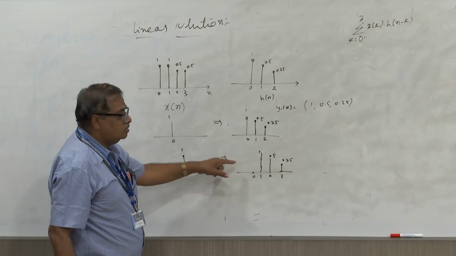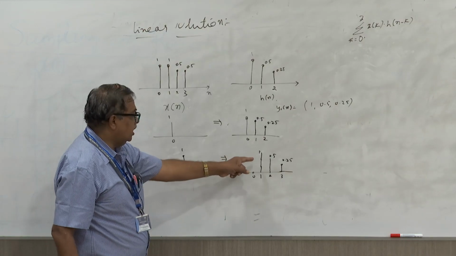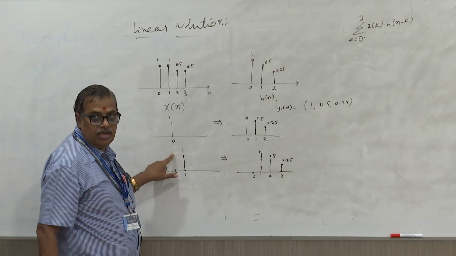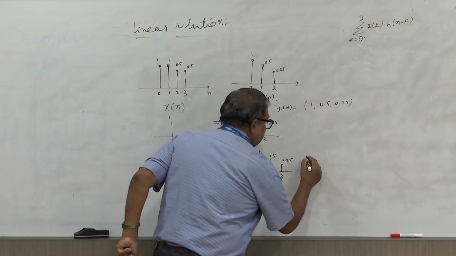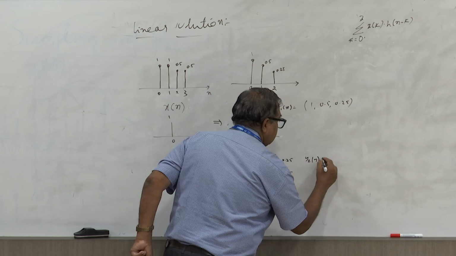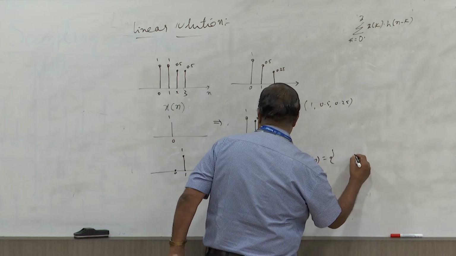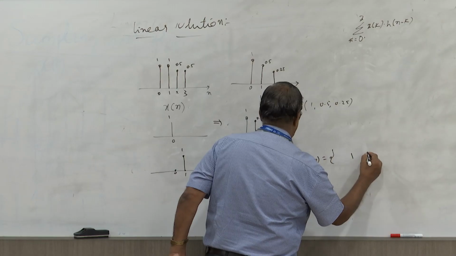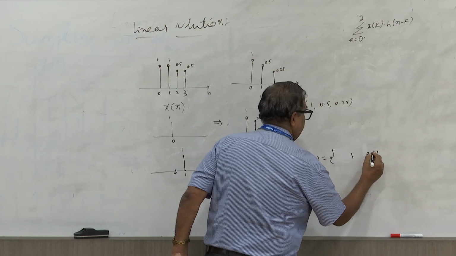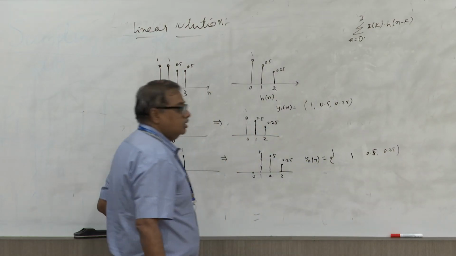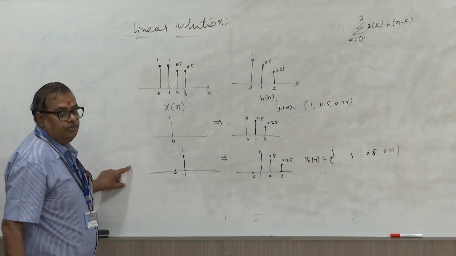Now let us multiply this. Again I will get 1, 0.5 and 0.25 only, because we are multiplying by 1. I will call it y2 of n. It should be shifted, so I'll write it like this: 1, 0.5 and 0.25. So this is what the process is.